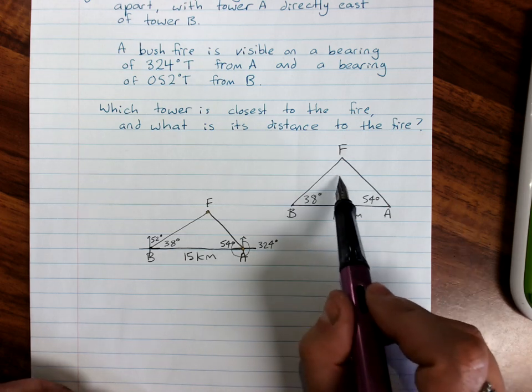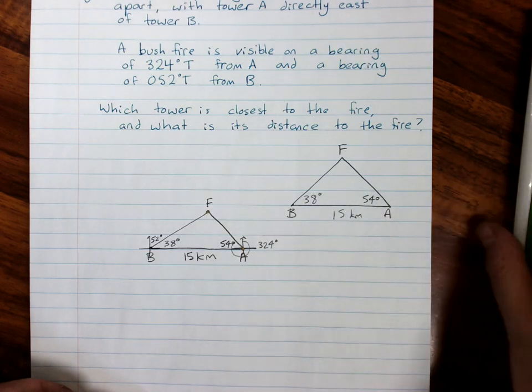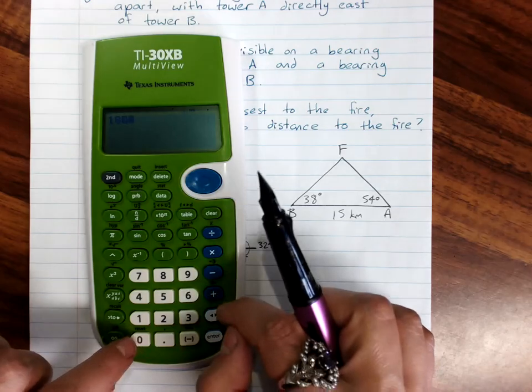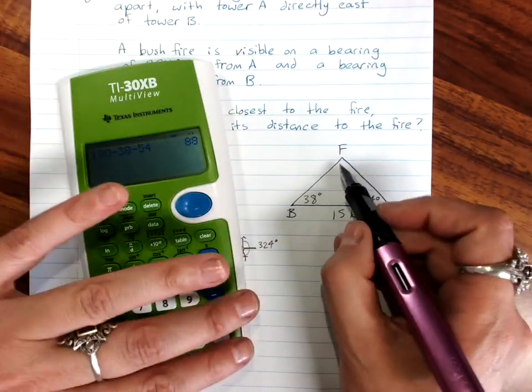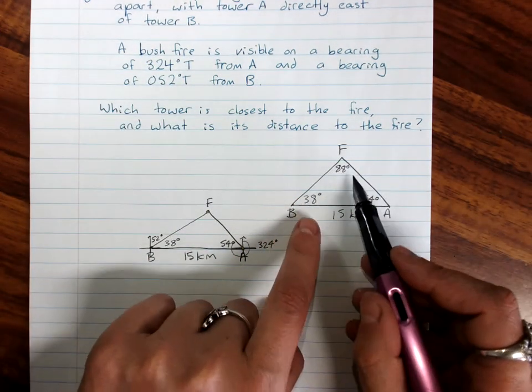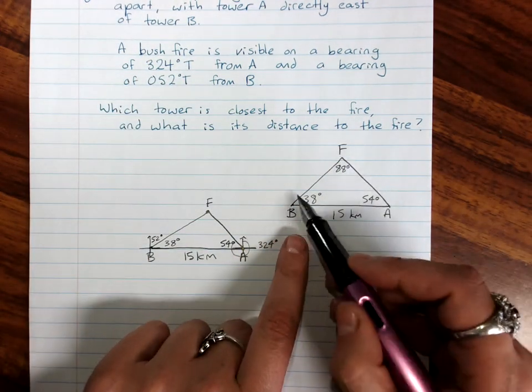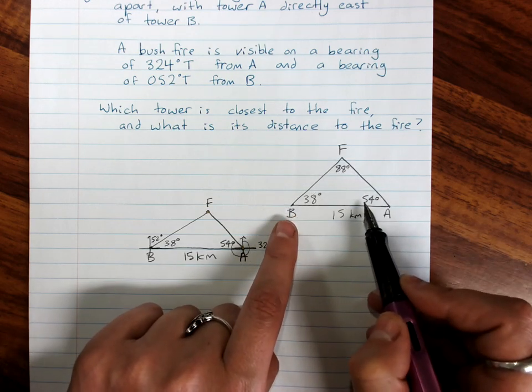So we can find this angle in here, 180 minus 38 minus 54. Not that we needed to, actually, because all we want to know is, is this side shorter or is this side shorter? Smaller angle, larger angle.